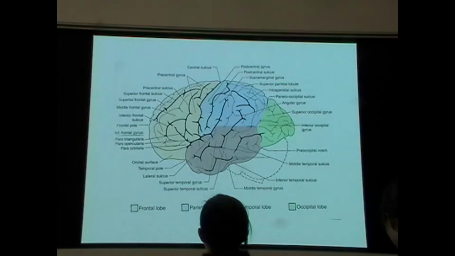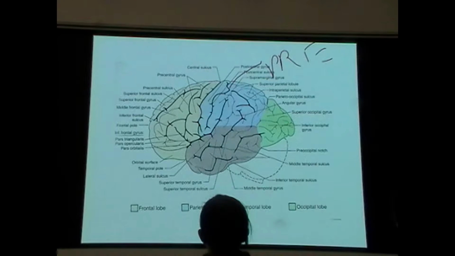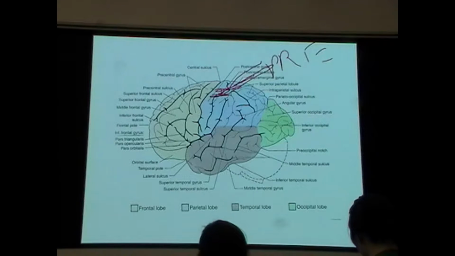There is the precentral gyrus there, in front of the central sulcus, in this beige color, and then the blue color is actually behind it.